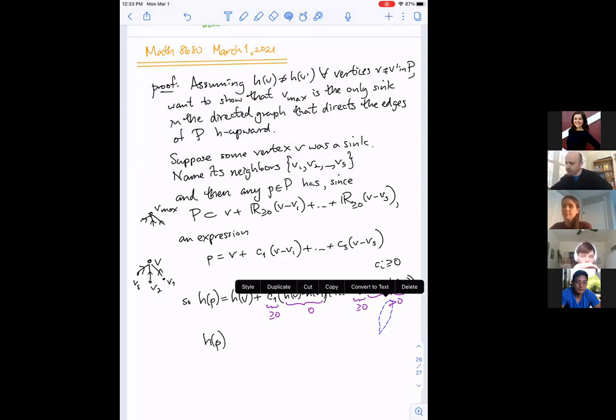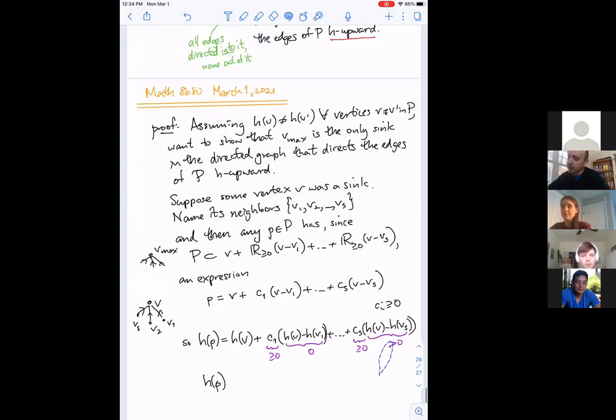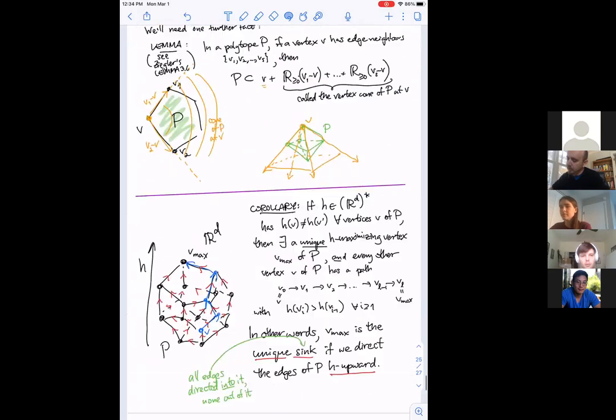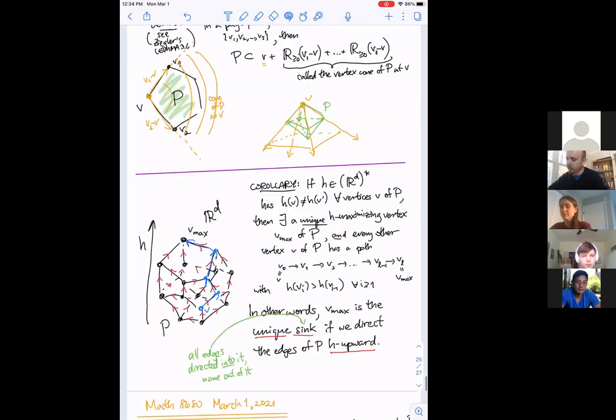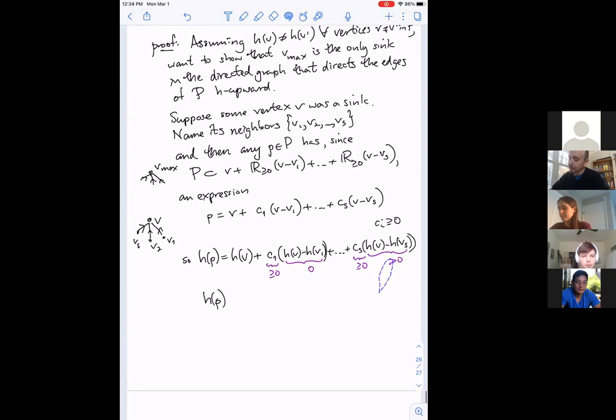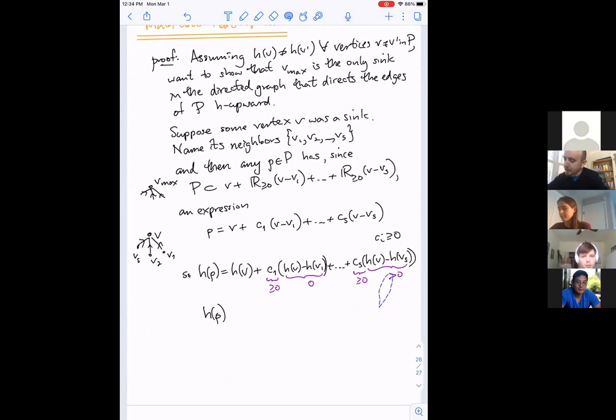Now I'm confused. Oh, I wrote v1 minus v. Yeah, it should be v1 minus v. This is exactly backwards. Did I write it backwards on the previous page? No, on the previous page, I wrote it correctly. Whoa, what's going on here? Thank you.